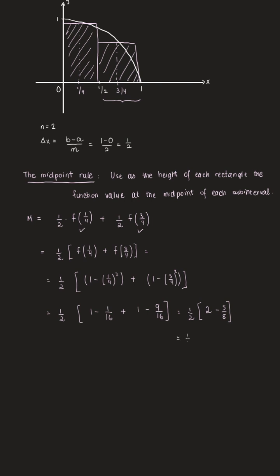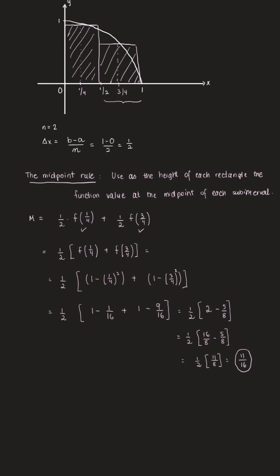So this is going to be 1/2, and 2 is 16/8. So we have 16/8 minus 5/8, which will give us 1/2 times 11/8, which is 11/16, and that's our approximation for the area under the curve.